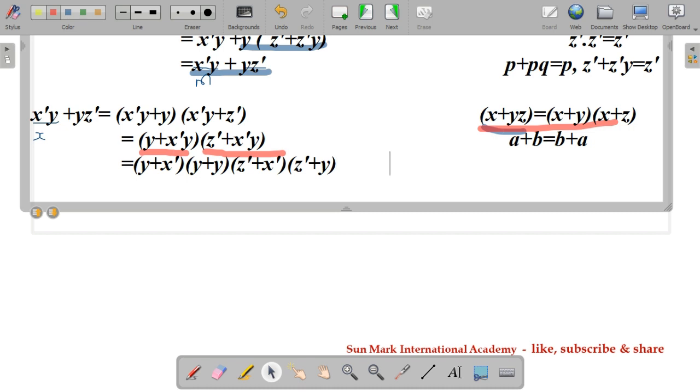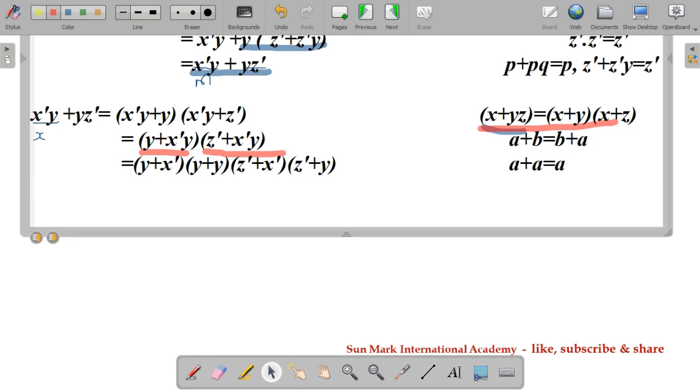So we know one more rule, a + a = a, so y + y is y. Instead of y + y, we have to write (y + x')·y·(z' + x')·(z' + y).